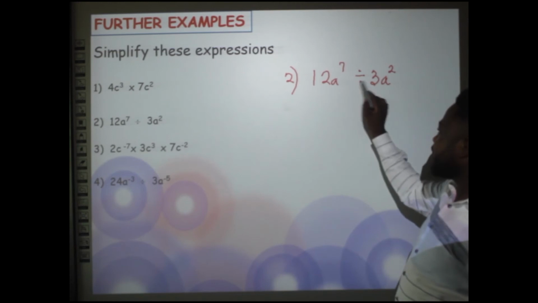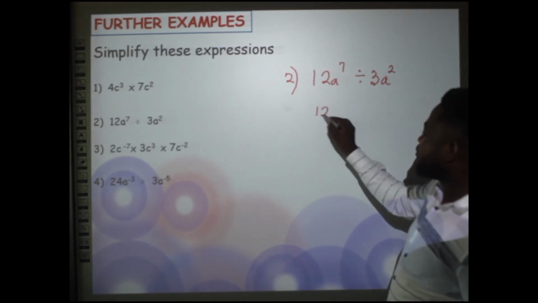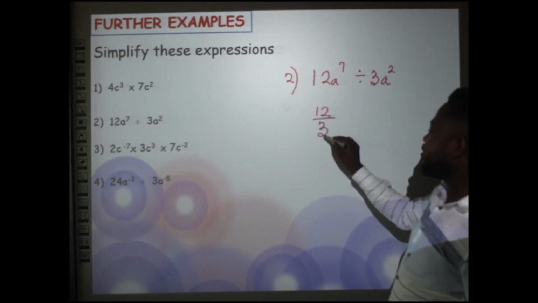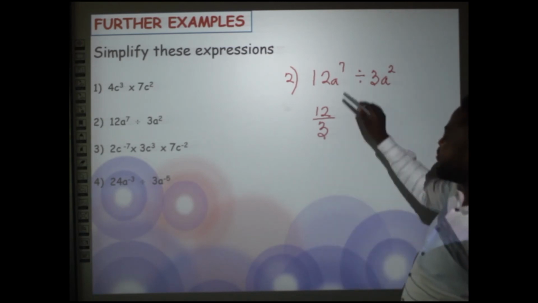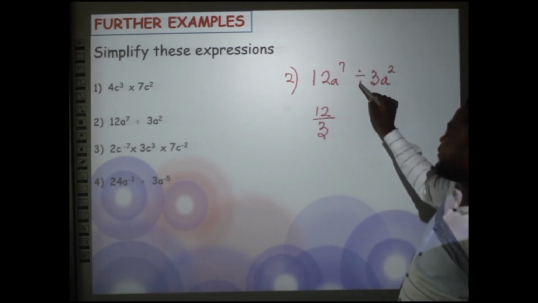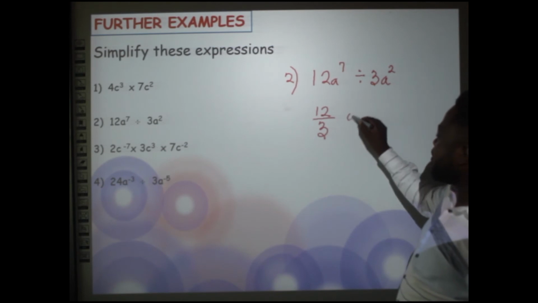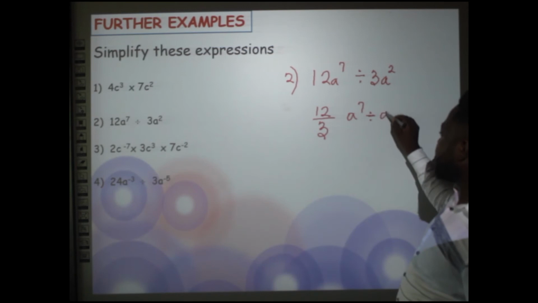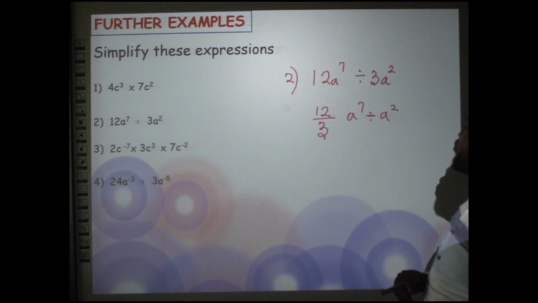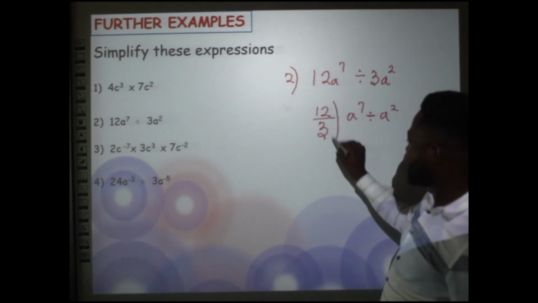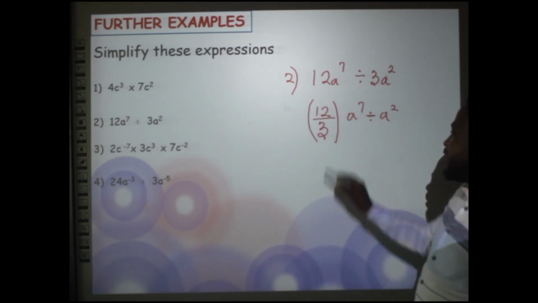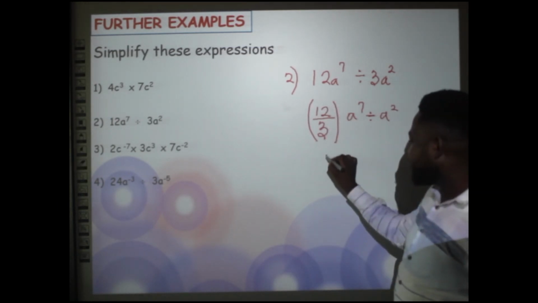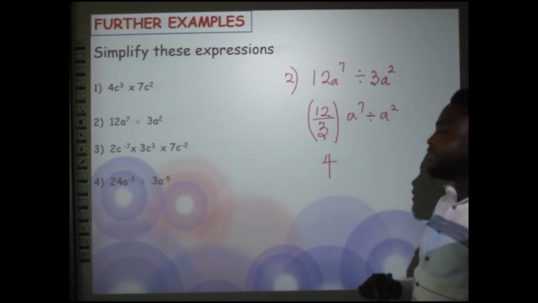So this is 12 divided by 3. Can you see that? Then this is going to be a raised to the power 7 divided by a raised to the power 2. A raised to the power 7 divided by a raised to the power of what? 2. Okay? And simply put this in brackets. Right? Now 12 divided by 3 will give us 4.